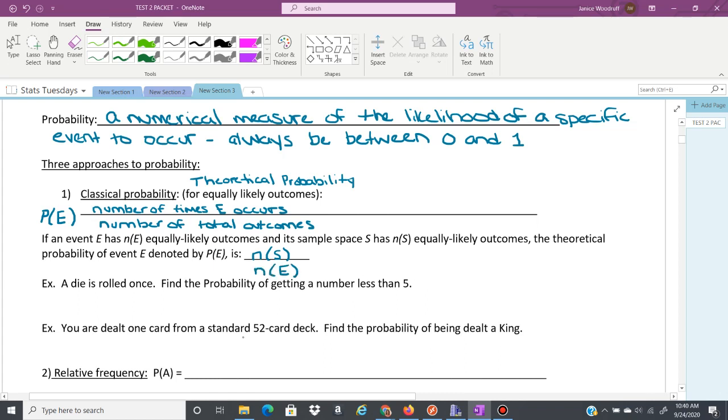For example, let me make this easy for you. The probability of getting heads. Here's my sample space: heads or tails. SS for sample space, heads or tails. How many times in that sample space do I see the letter H?